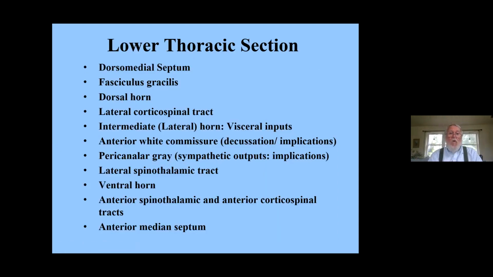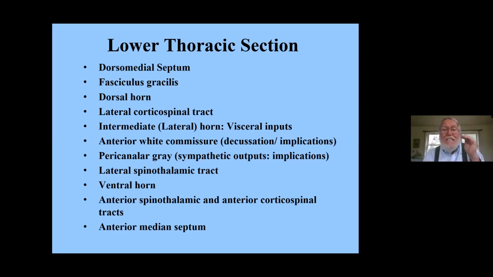So now we move to a lower thoracic segment. And remember, we had 12 thoracic segments, but the easiest way to divide them is to basically look at T7 to T12 versus T1 to T6.